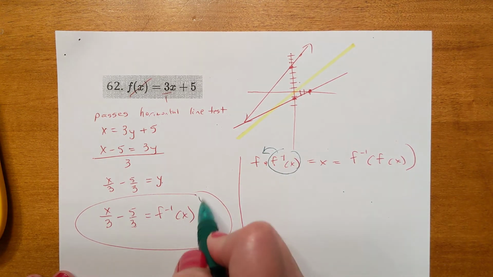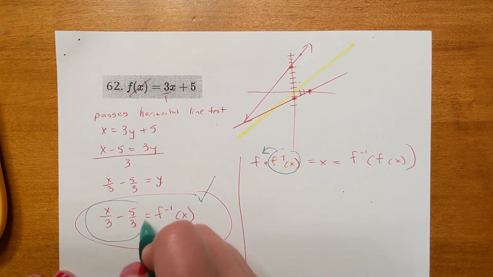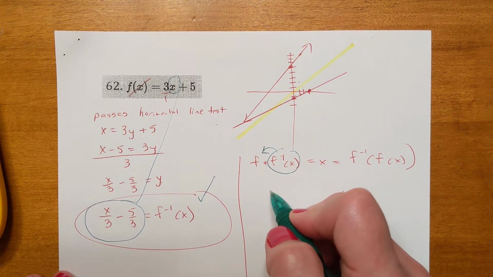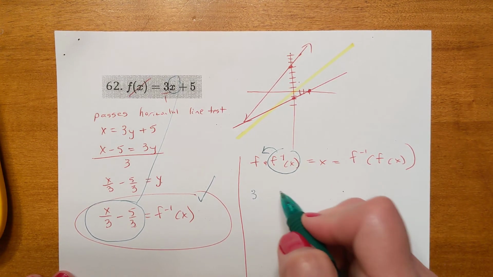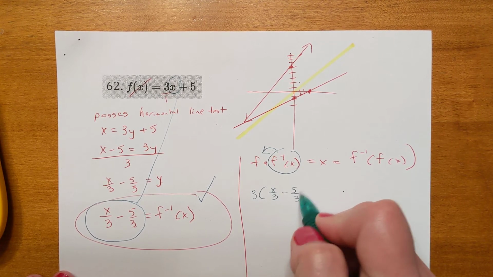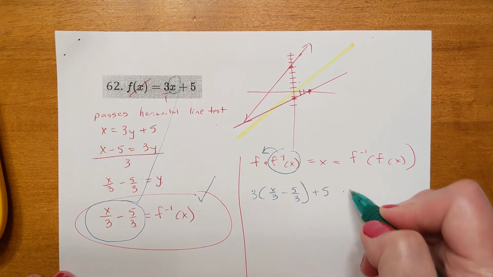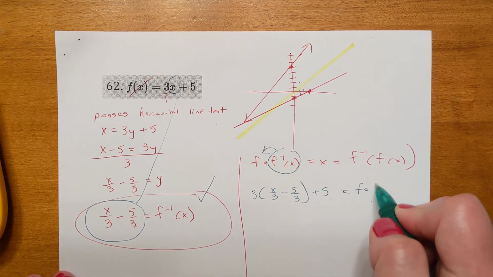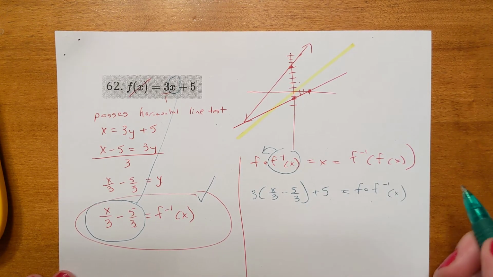So f inverse right here, we're going to take this chunk right here and put it into the x right there. So that makes 3 times x over 3 minus 5/3, and then plus 5. So that is equal to f of f inverse of x is what I'm doing right now.